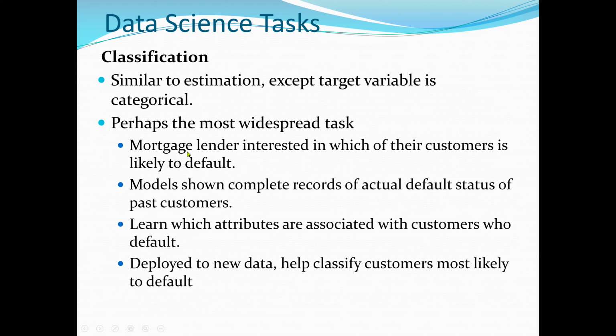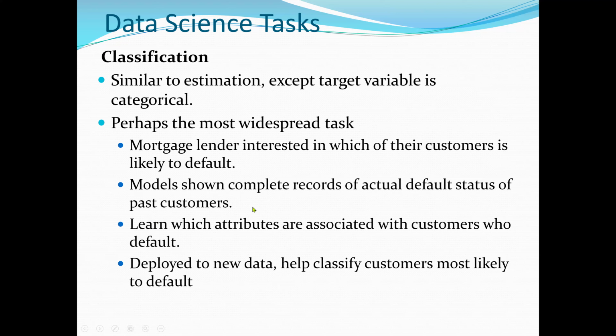The example given here is a mortgage lender interested in which of their customers are likely to default. So we can create a model based on the data that we have, customers that have defaulted before and some customers that haven't defaulted on their mortgage loan. So we can build a model and then from there we can predict. The model will show a complete record of actual default status of past customers.